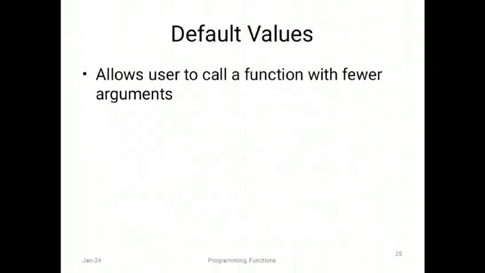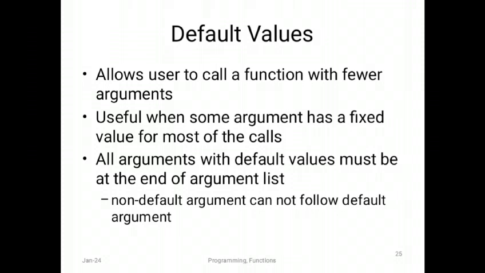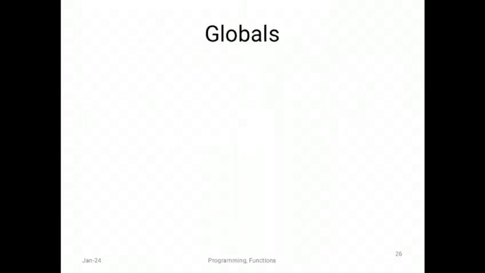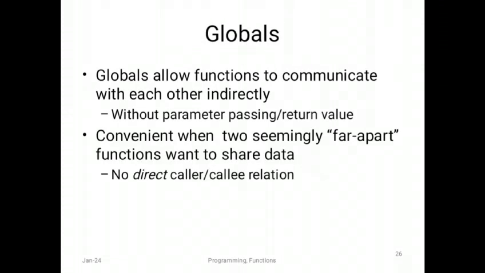Default values allow the user to call a function with fewer arguments. All the arguments with default values must be at the end. Then globals. Globals allow functions to communicate with each other indirectly. There is no direct caller relation in this.